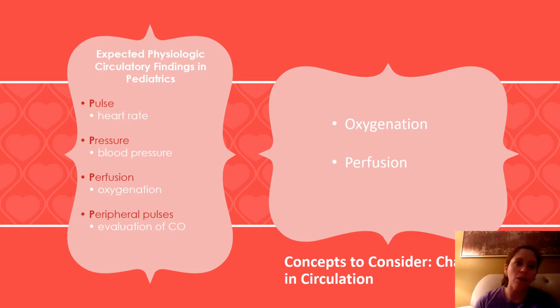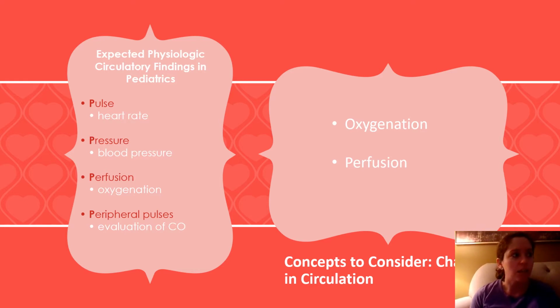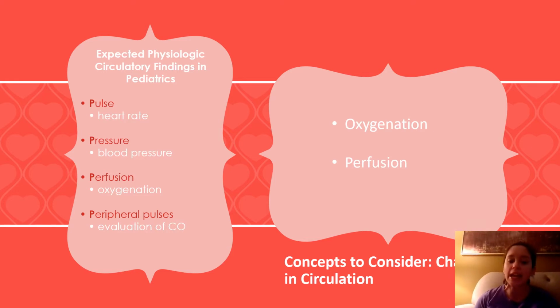So when you think about heart rate and different areas of pulses, if we think about a brachial pulse, a radial pulse, a femoral pulse, a popliteal pulse, a pedal pulse, they all should be pretty much the same for a pediatric patient, because there's not a lot of difference between the upper and the lower body, since they're really small to begin with.